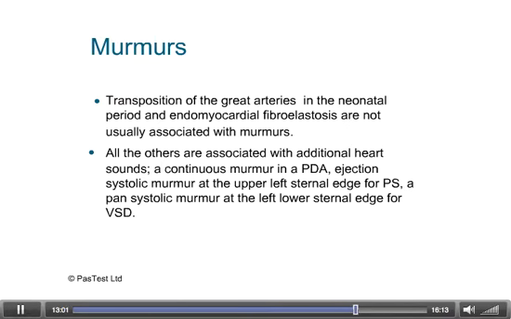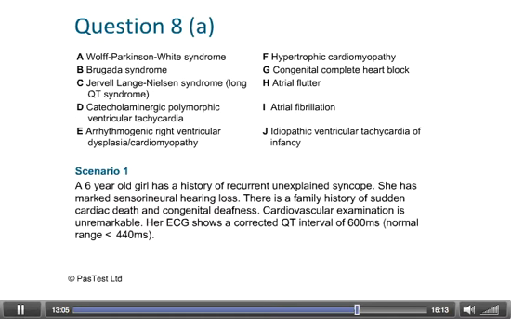All the others are. Question 8. A list of conditions is provided and 3 scenarios are given. Please select the most likely diagnosis from the list above. As before, each option may be used once, more than once, or not at all.